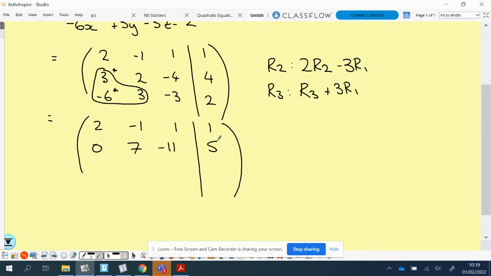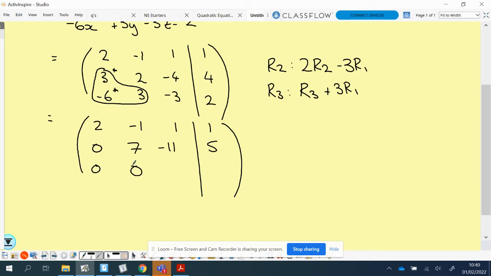You okay with that? Right, last row: row 3 plus 3 lots of row 1. If I add 3 lots of 2 to negative 6, I get negative 6 plus 6, which is 0. Then 3 plus 3 lots of negative 1, that's 3 take away 3, which is 0.